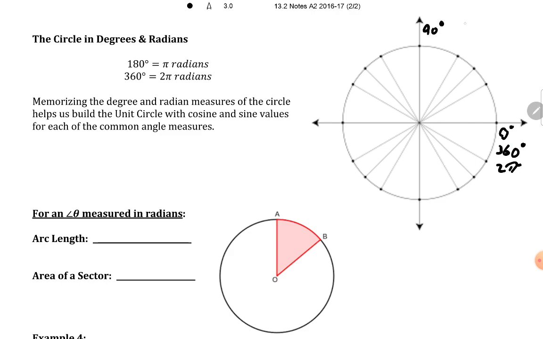At 90 degrees, we call it pi over 2. 180 degrees is pi.